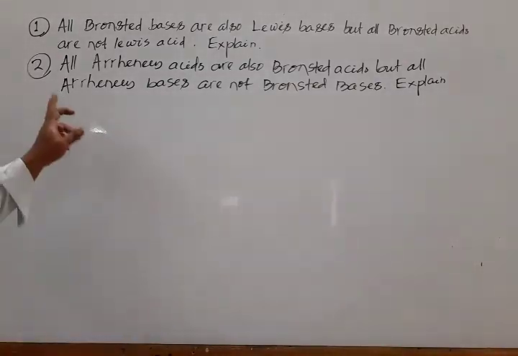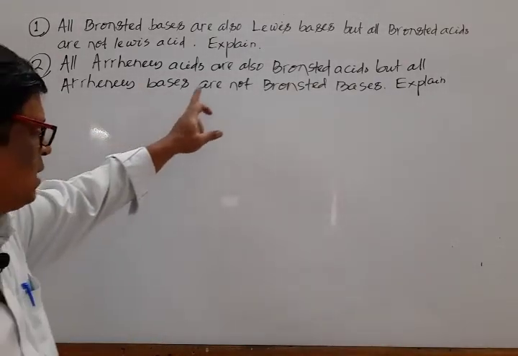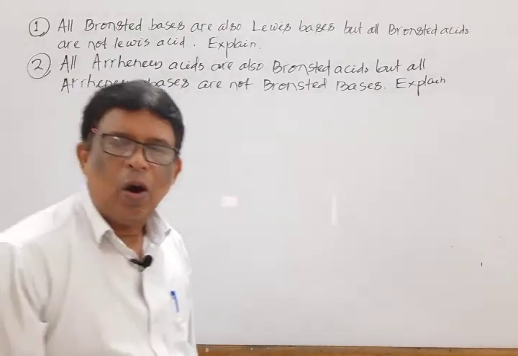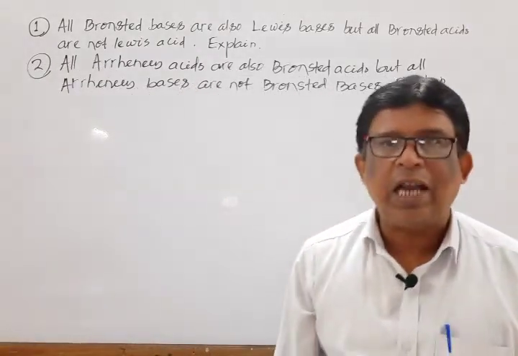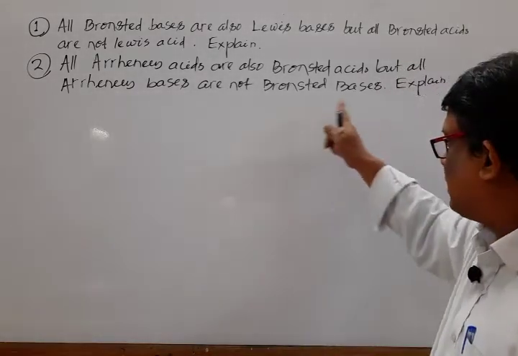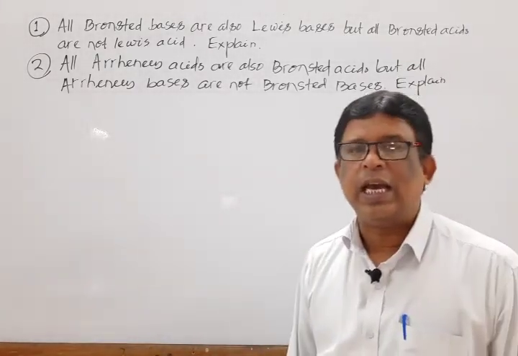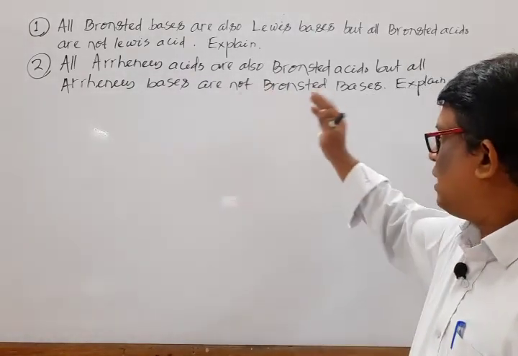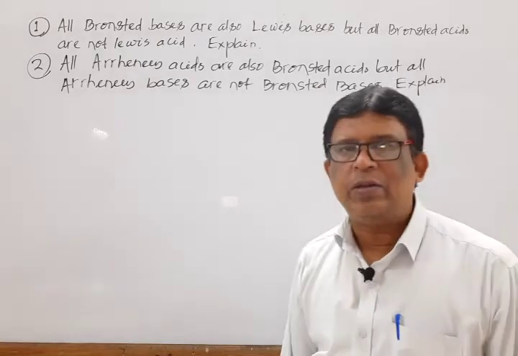Next question: all Arrhenius acids are Bronsted acids, but all Arrhenius bases are not Bronsted bases. Explain. I repeat again, all Arrhenius acids are Bronsted acids. What is an Arrhenius acid?